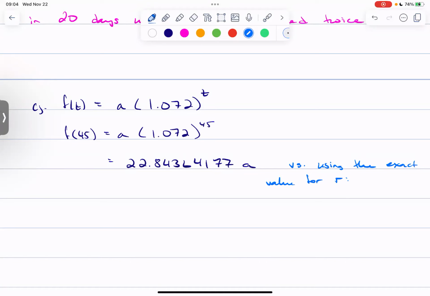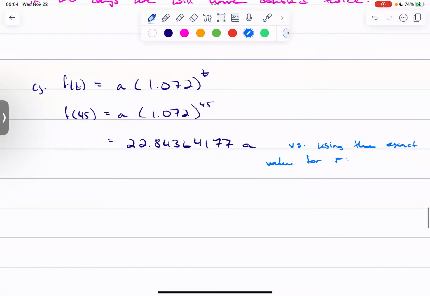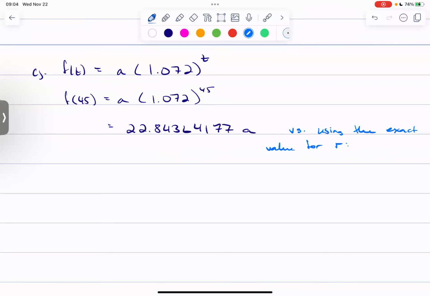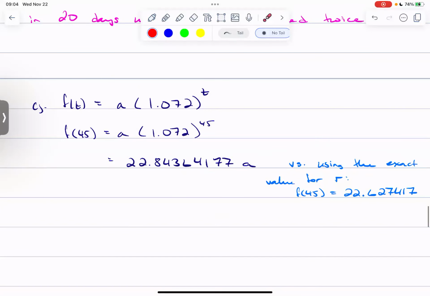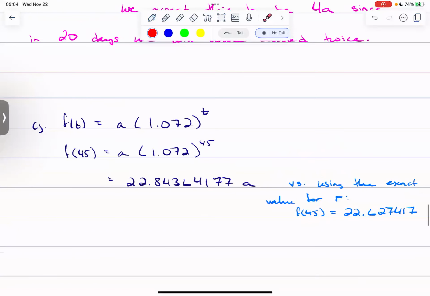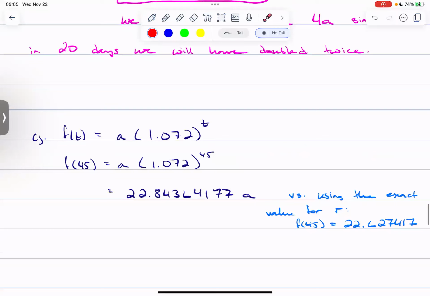To the power of 45, I get f of 45 is 22.627417. Again, similar, 22, 22, times a.